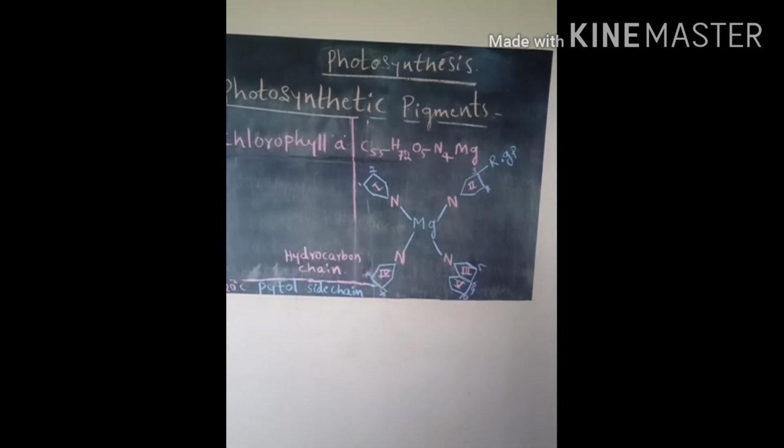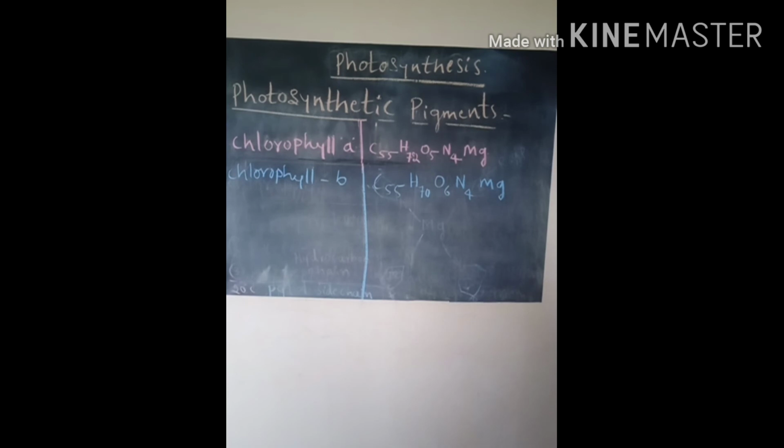Next, the molecular formula of chlorophyll B molecule is C55H70O6N4Mg. So here the difference is, the chlorophyll B molecule has 70 hydrogen atoms and 6 oxygen atoms, whereas the chlorophyll A molecule includes 72 hydrogen atoms and 5 oxygen atoms.